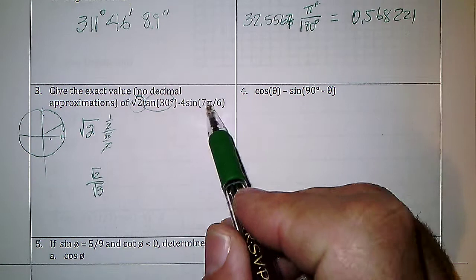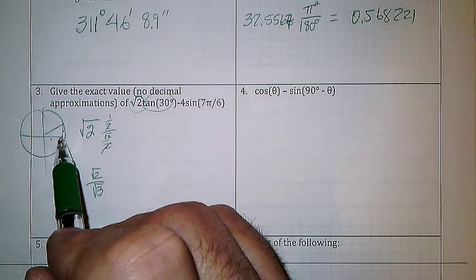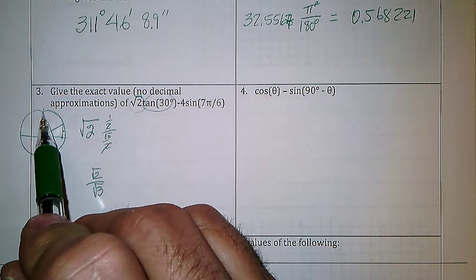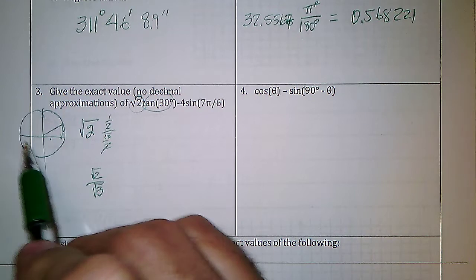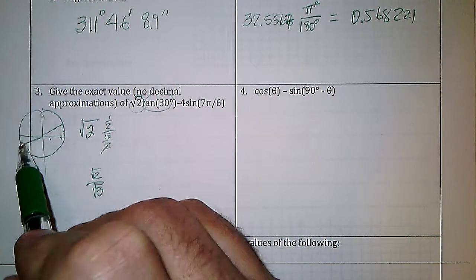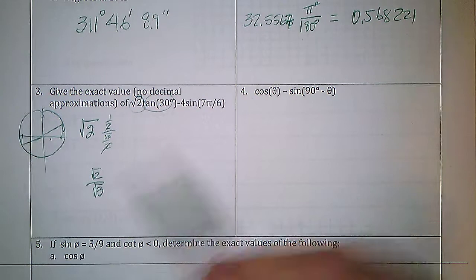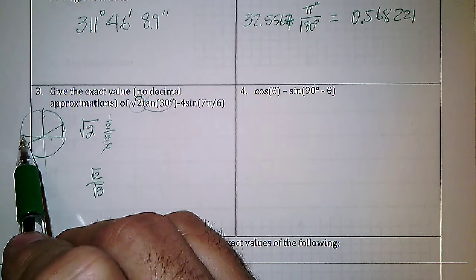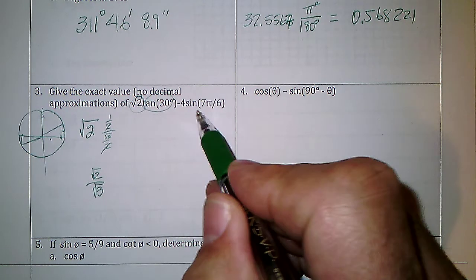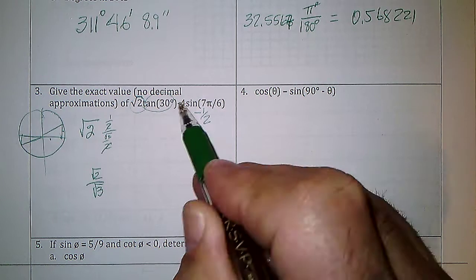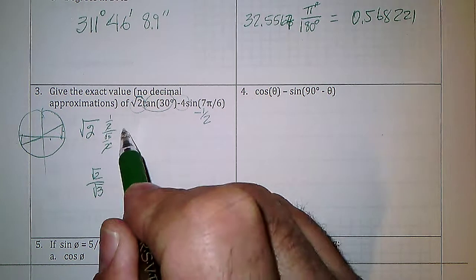And then I got to go to 7 pi over 6, 7 30s. There's 3 30s, 6 30s, and 30 degrees down here. So the sine is this -1/2 times a negative 4.